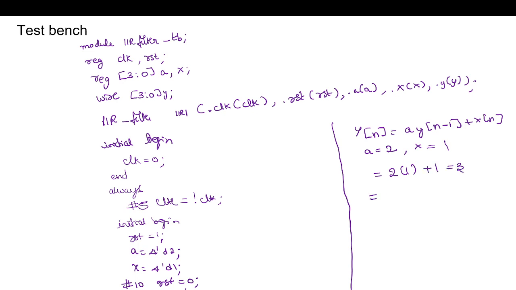The next instant A equal to 2, 2 into 3 plus again 1 which is 7. So in this way it will be proceeding. At instant 0 this will be 0, because A is 2 into 0 plus x is 1, so 1. So 1, 3 and so on.